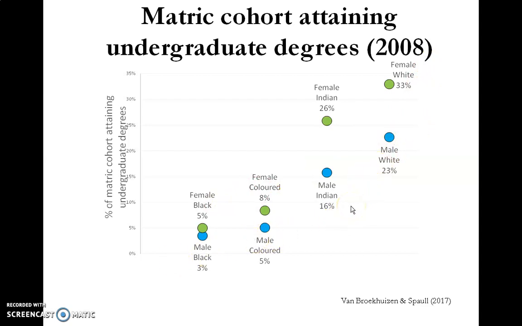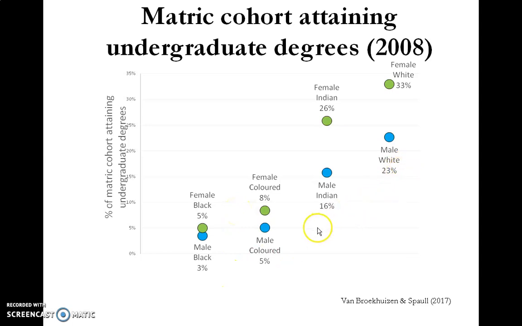Even though in the labor market, when you do labor economics, you will see that this then flips over when it comes to salaries and positions. But in terms of attainment of degrees, females are outperforming their male counterparts.